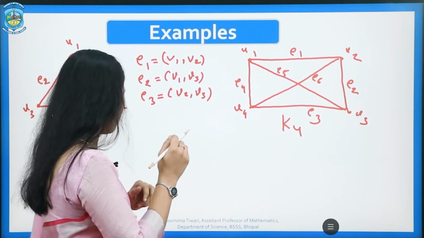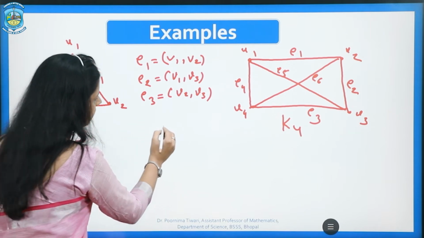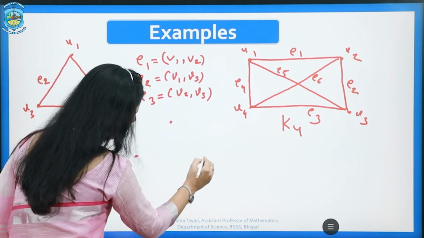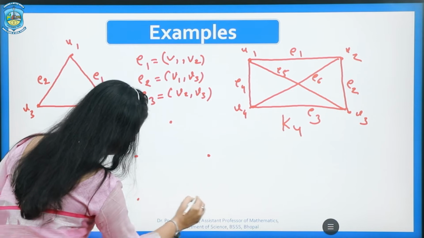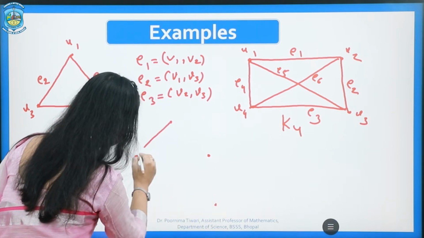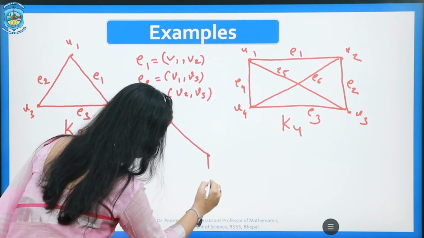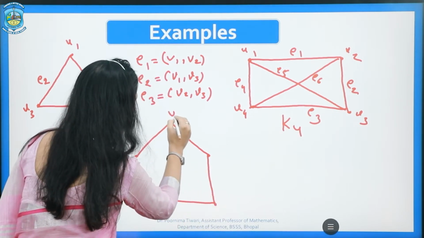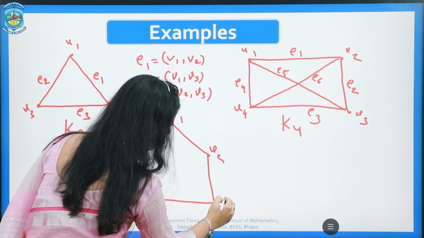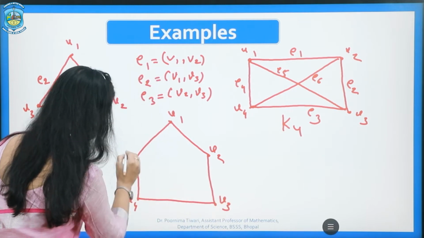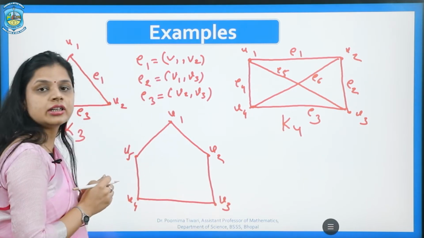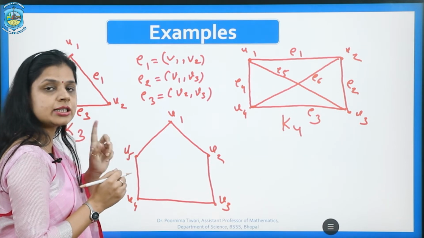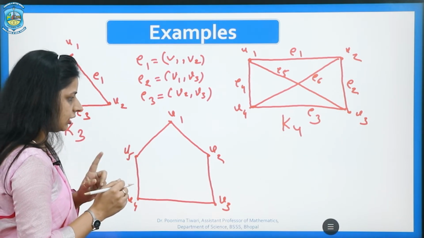If we have to draw a complete graph of 5 vertices, first we need to draw a pentagon. We may label the vertices V1, V2, V3, V4, V5. Now we have to draw an edge between every pair of vertices.